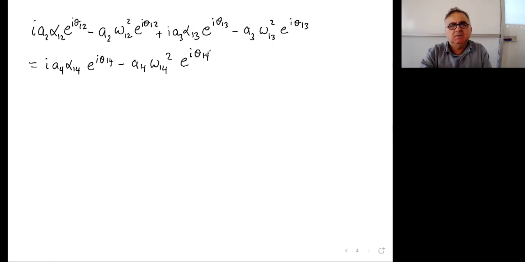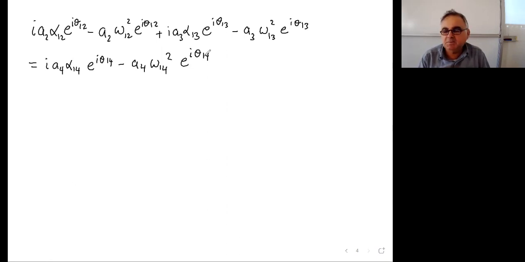Well, actually, as we said, the unknowns are two, not just one. But this equation is a complex equation, so it contains not just one equation, but two equations inside it. You can either take the complex conjugate of this, or you can separate it into real and imaginary parts, which will give you two equations.